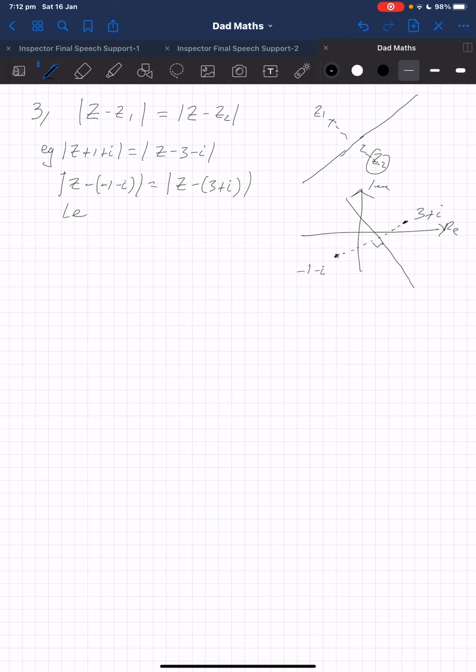All we do as before is let z equal x plus iy. So we're going to convert the real axis to an x-axis, the imaginary axis to a y-axis, and so the modulus of z plus 1 plus i becomes x plus iy plus 1 plus i, which is equal to x plus iy minus 3 minus i.